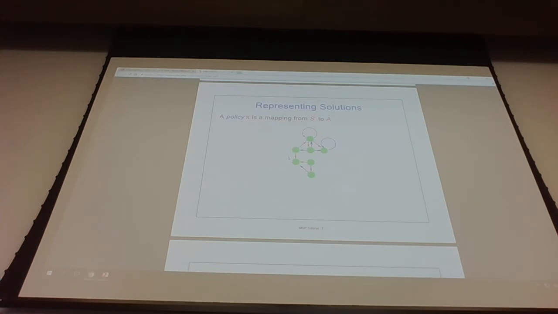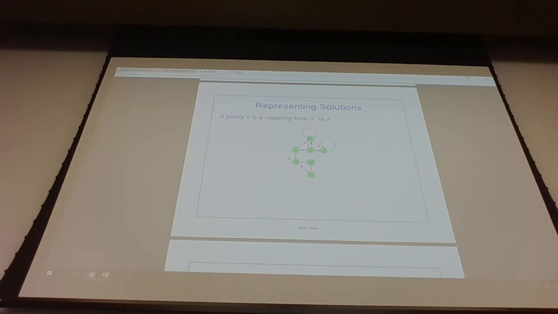If you change your initial state, your execution can vary for the same policy. So policy just recommends that if you are in a particular state, which action do you take. That is a policy.